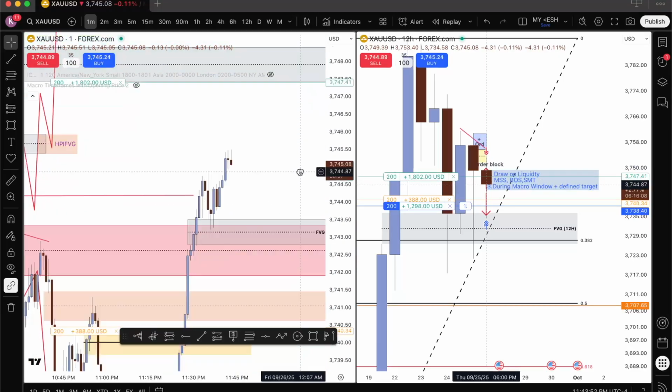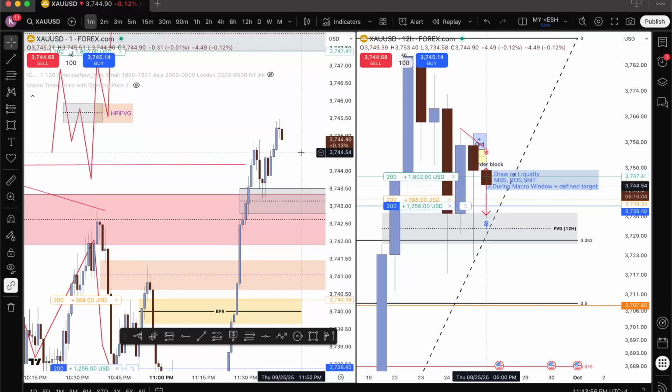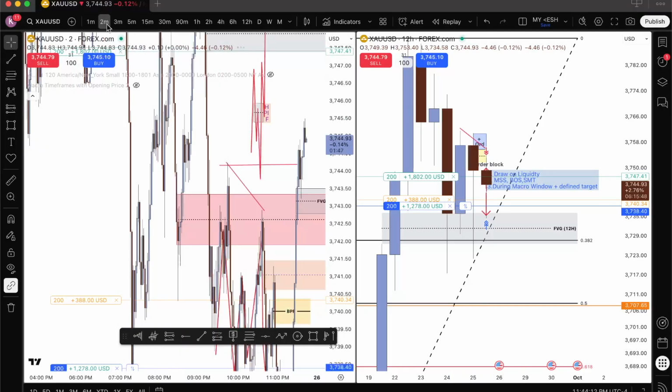See all of that. Think about taking profit, especially if that doesn't hold. I'm getting a clean break of structure though, so we're gonna see.